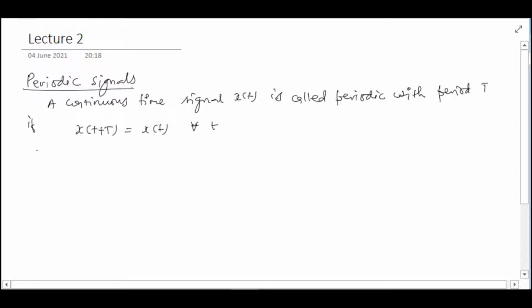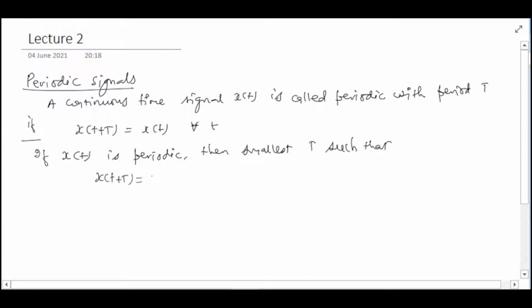Moreover, if x(t) is periodic, then the smallest T such that the above equation holds, that is x(t + T) = x(t) for all t, is called the fundamental period of x.